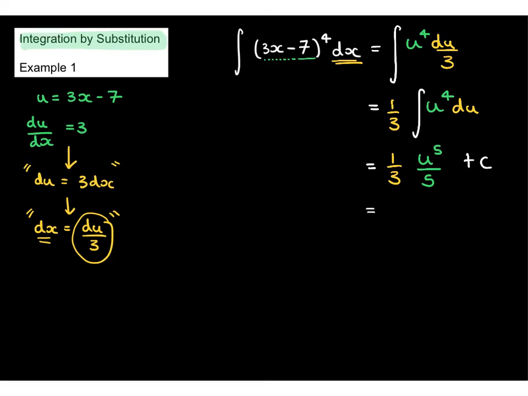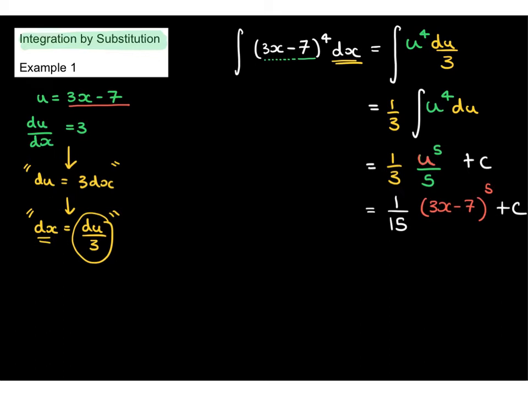This now needs a little bit of tidying, so we have 1/15, and then instead of u to the power of 5, I remember that u is of course the same as 3x minus 7, so I get 1/15 (3x minus 7) to the power of 5 plus c. And that is the process of integration by substitution.